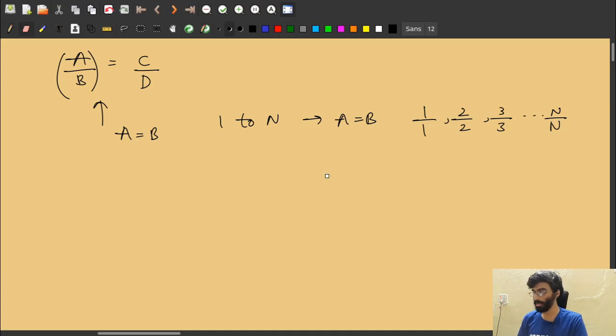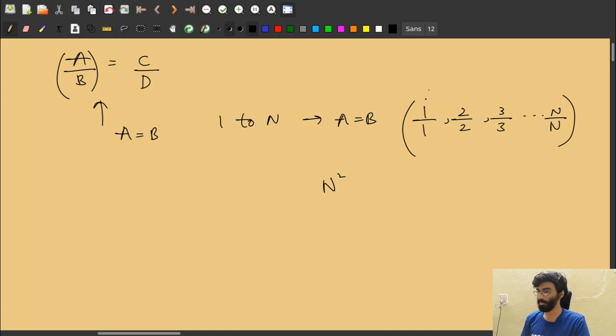Hence we have to make the pairs among this group only for (a, b) and (c, d). So let's say if we took a this and b this, we can take c this and d this. Therefore, there are a total of n square such pairs we can make where a is equal to b.